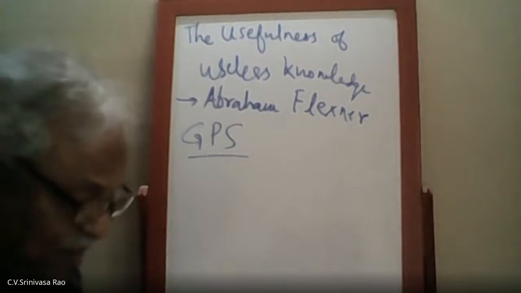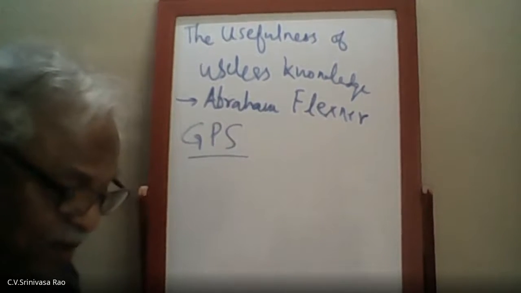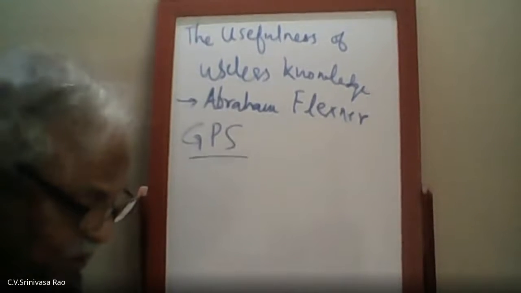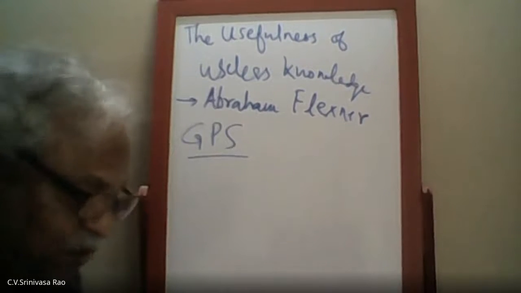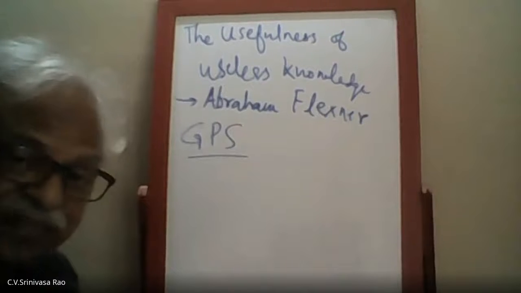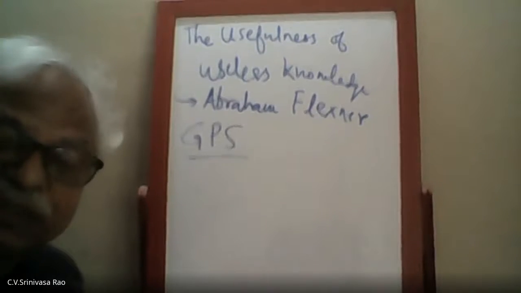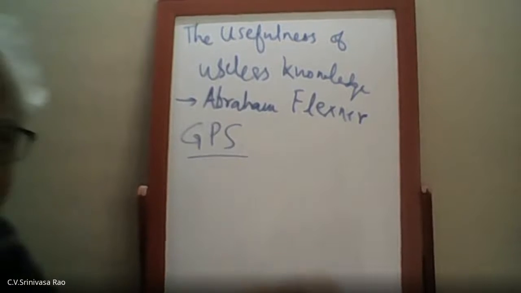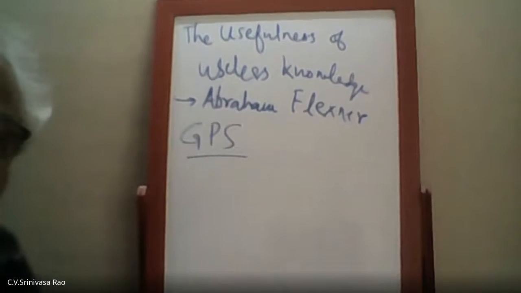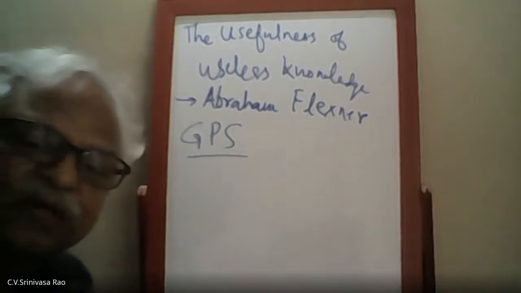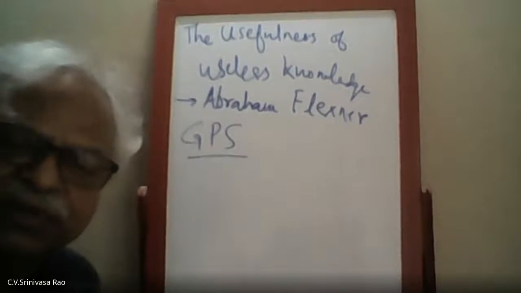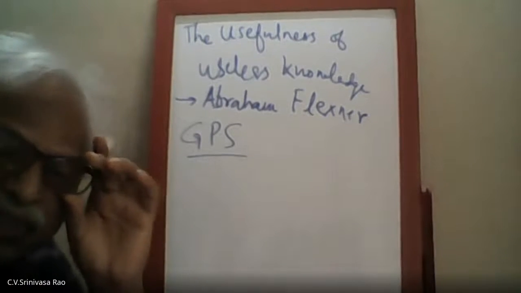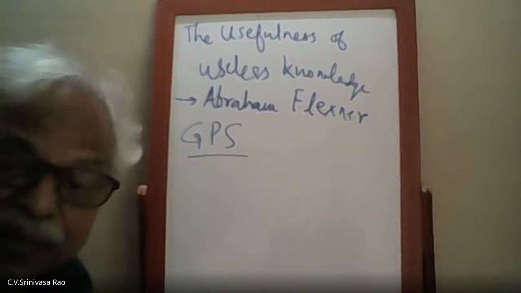Therefore, what this author talks about is the usefulness of useless knowledge. Useless knowledge is basically fundamental research. He has taken up plenty of such examples where the scientists would never have bothered about applications. For example, quantum theory has now given rise to quantum computing.